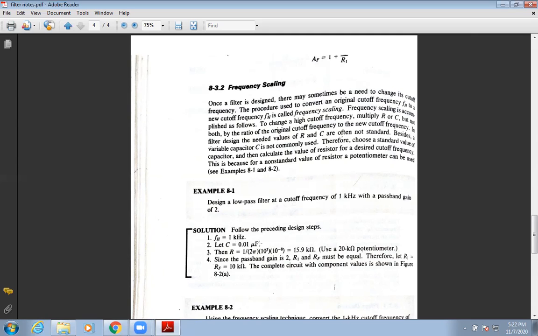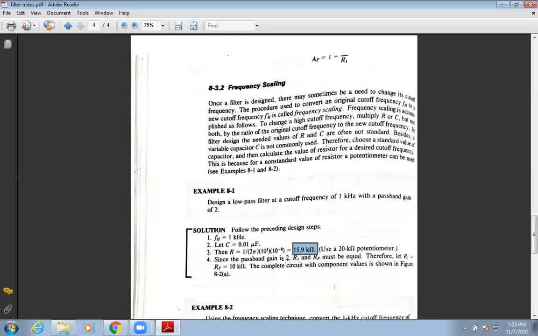After selecting the capacitor, R is given by the formula 1 upon 2 pi C fH, and we find the value as 15.9 kilo ohms. In that case, we can use a potentiometer of 20 kilo ohms to adjust the resistor value to 15.9 kilo ohms.